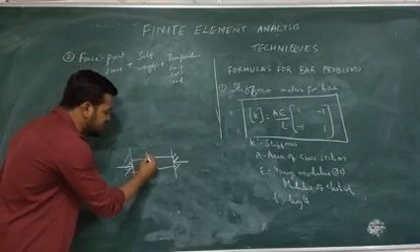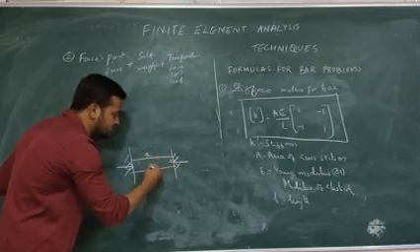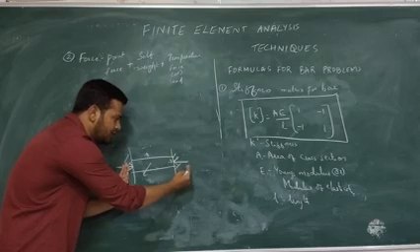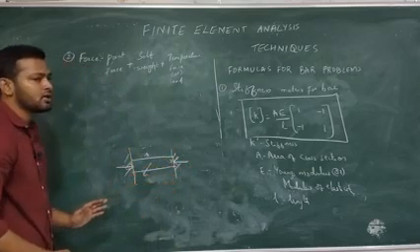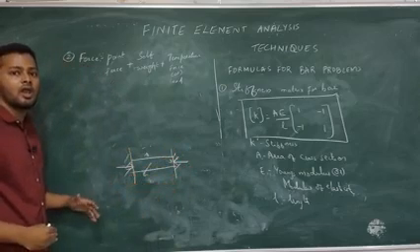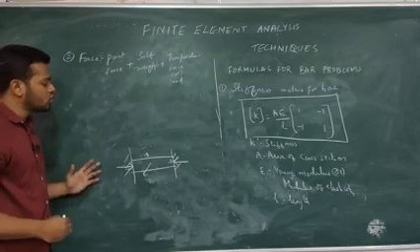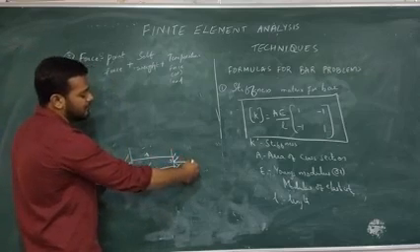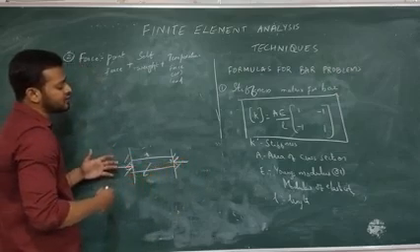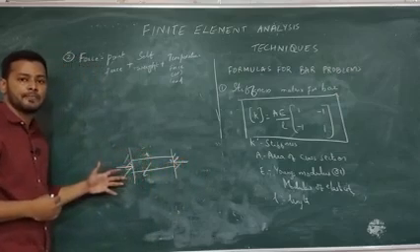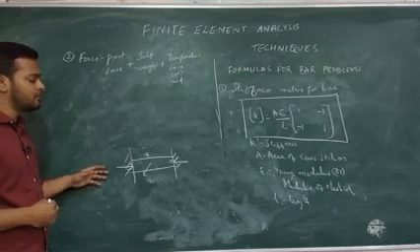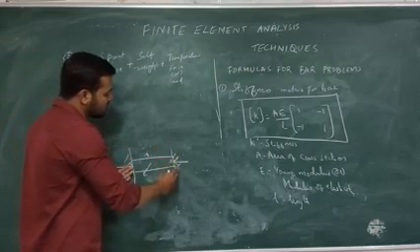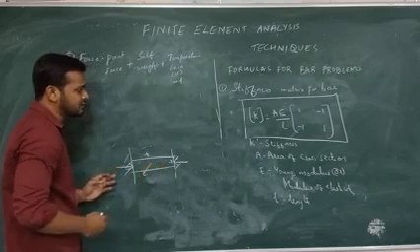It will expand in this direction, this direction, and in Z direction also. But along the direction of length, the supports are not allowing it to expand. So these supports are preventing it from expansion by giving some force, and because of this force the stresses will develop. Whenever I am trying to stop a member from expanding by giving supports in the lateral direction, the stresses will be developed.